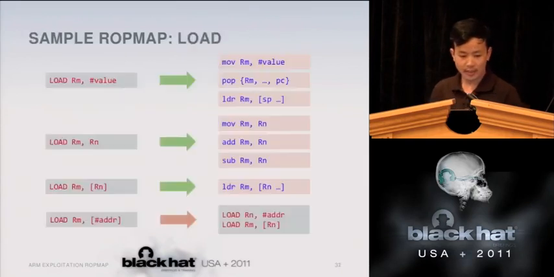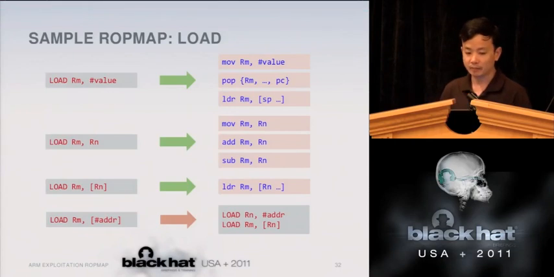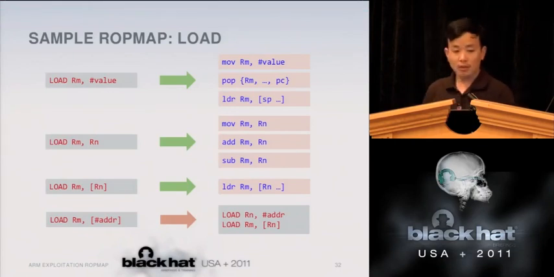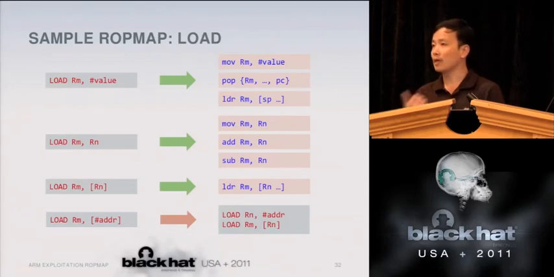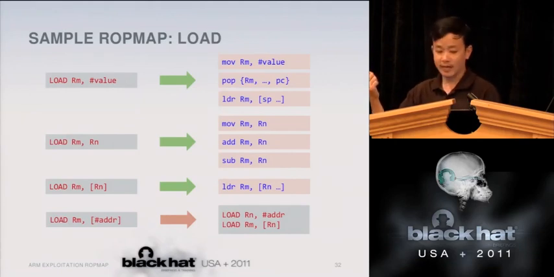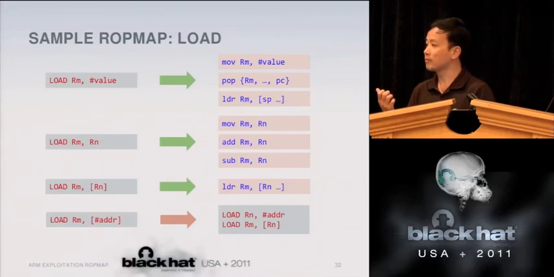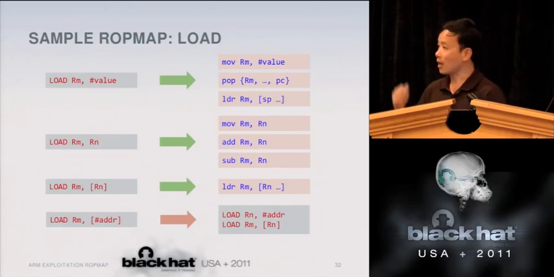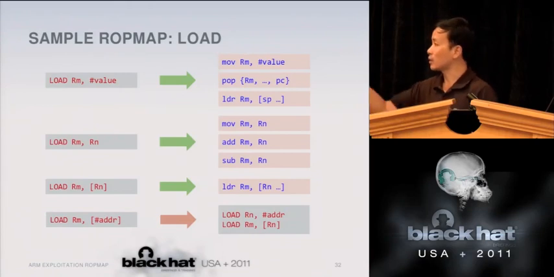Here I will show a simple ROPmap for the load instruction. The idea is simple. Let's say you want to load a register with a value. Among the available assembly gadgets, we have, let's say, the instruction move value to register, or a pop instruction to pop a value from the stack to the register, or the LDR instruction to load the register from the stack.